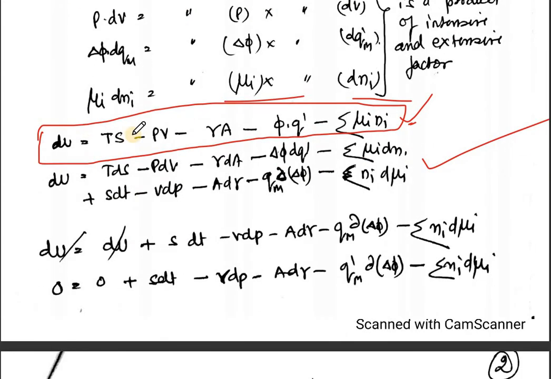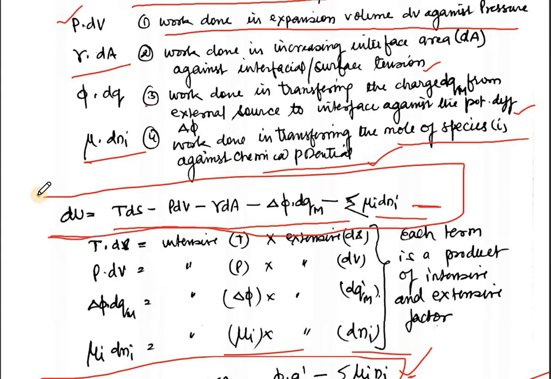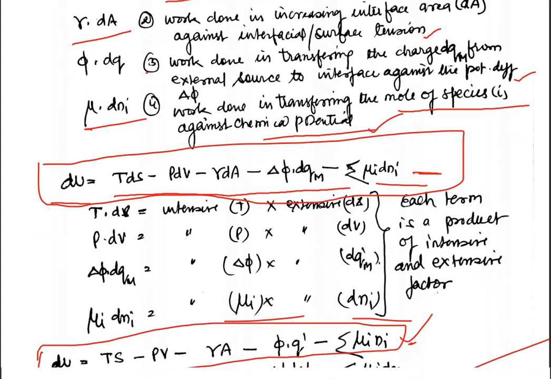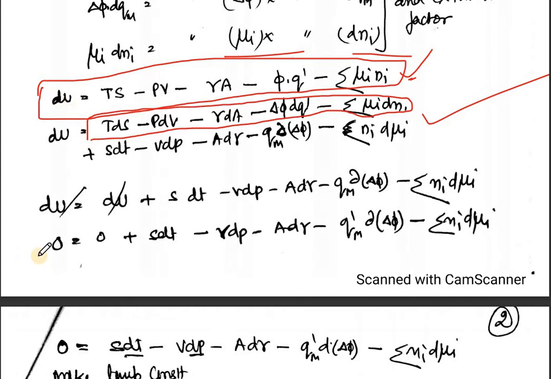Now, since we know that dU equals this first part, the first terms of the right-hand side will equal dU. So dU equals dU, which cancels out, and the remaining equation stays like this.